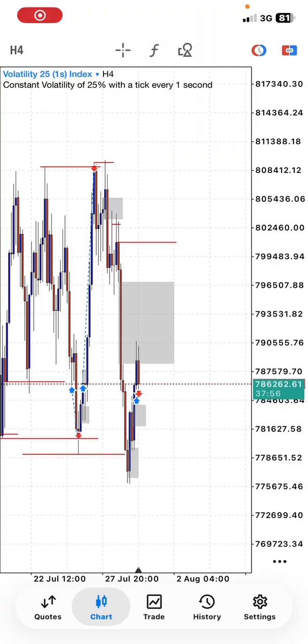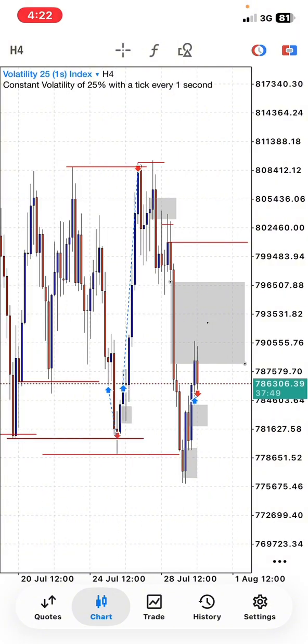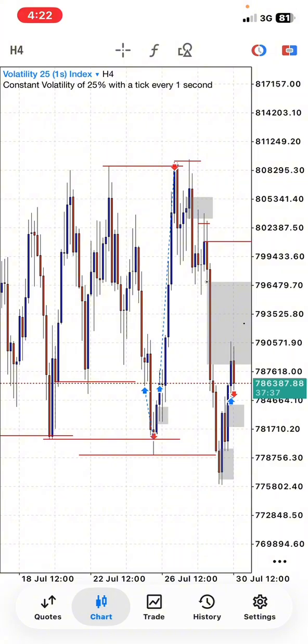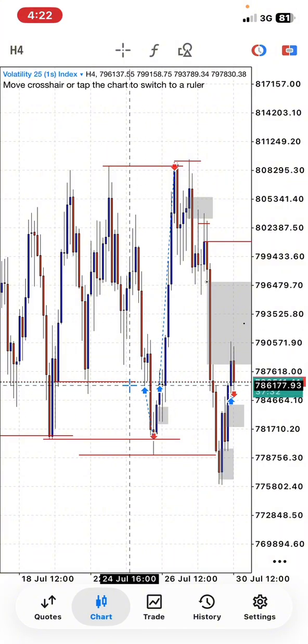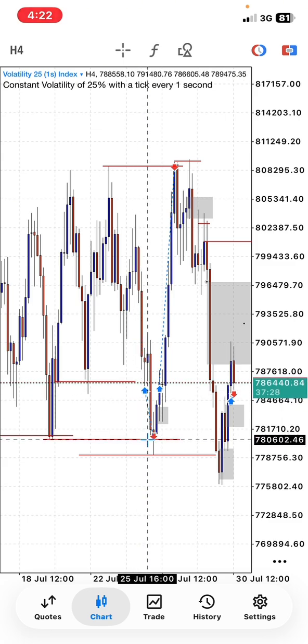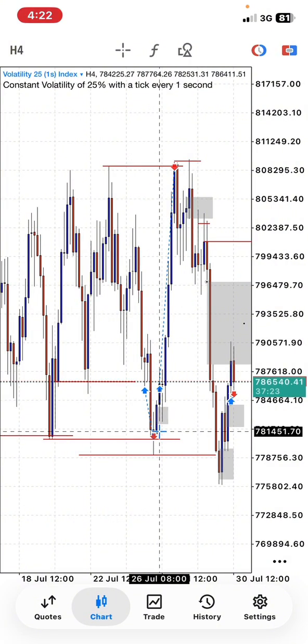As you can see, guys, price came back after reacting to the fair value gap I highlighted earlier and hit my break even. So now I'll just have to stay out till I get a valid buy or sell setup. Till then, I just want to point out what I highlighted earlier. I think I set a limit here before, and I set my stop loss just below this low, and I got stopped out pretty badly.